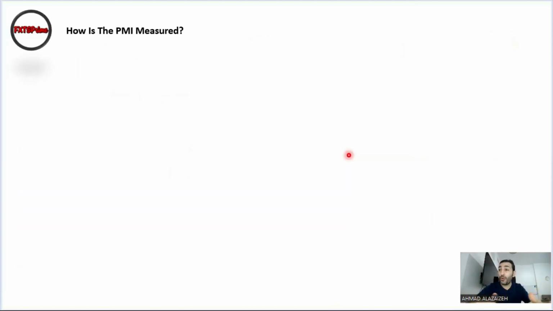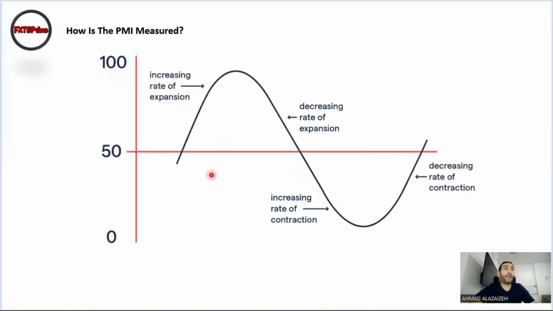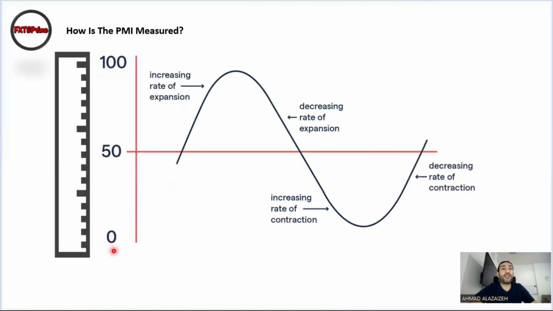Now we're going to know how this BMI is getting measured. So look at this graph. This graph has a scale from 0 to 100. And I want you to pay attention to this line because this is the reference line and it's scaled at 50. And that is the reference point for the BMI.